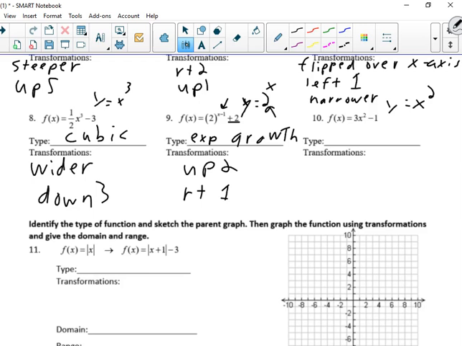Okay, x squared, hopefully you realize that that is a parabola, so that is a quadratic, like number 6. All right? This minus 1, hopefully by now you got it, it's down 1. The 3 is going to make it narrower, thinner.